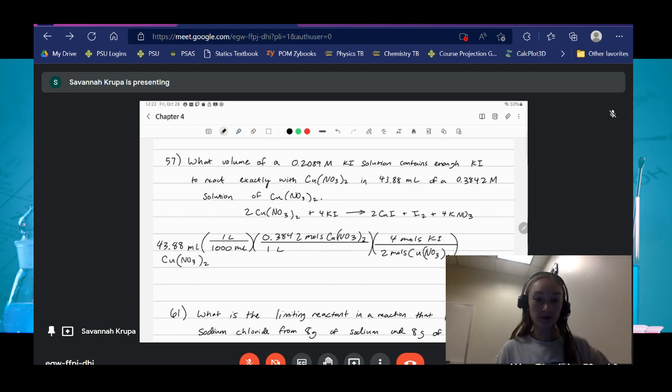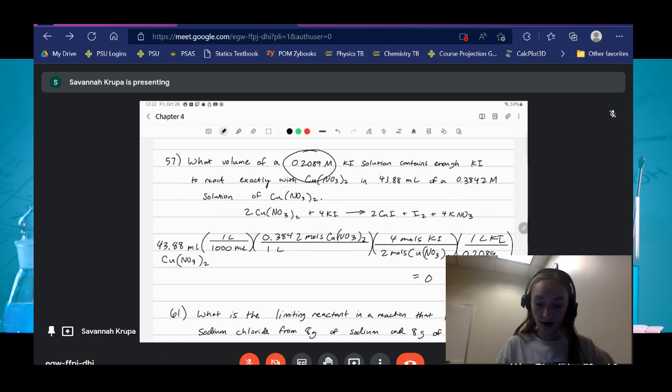So now that we're in moles of KI, we want to get to liters of KI, and so that's when we will use the molarity of KI that it gives us right in the very beginning. So for every 1 liter, we have 0.2089 moles of KI. So now we are in liters of KI, and so that all comes to an amount.